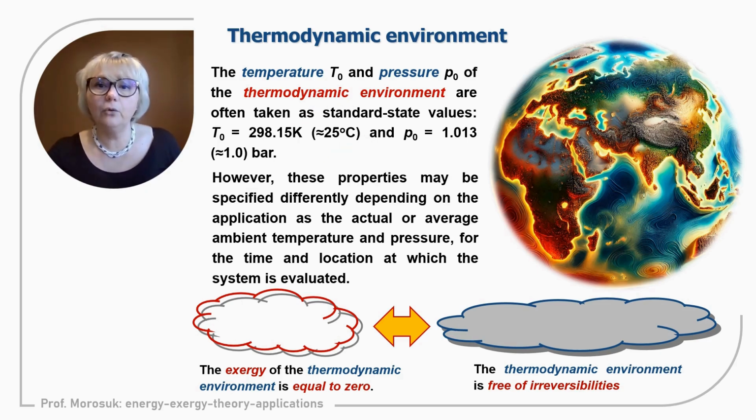And in northern Europe, or even some regions in China, the temperature can be much lower than 25, plus 15 or plus 10 on average. It is better to have the real average temperature for the region. Also, in mountain areas, pressure cannot be selected as 1 bar, because in mountains pressure is always lower, depending on elevation.